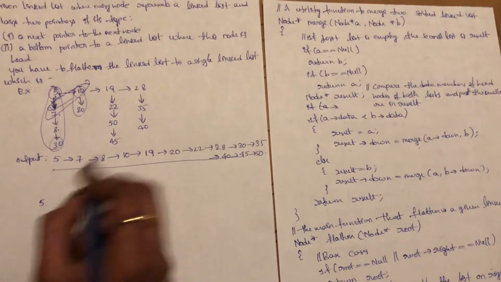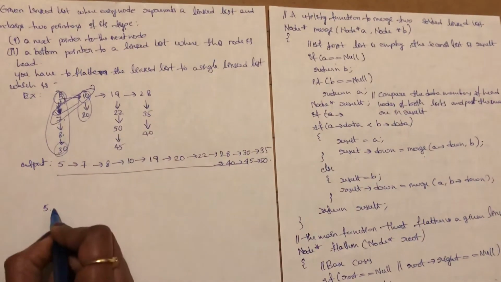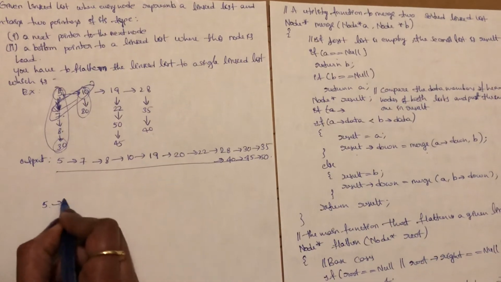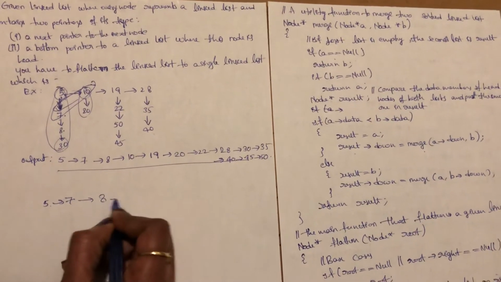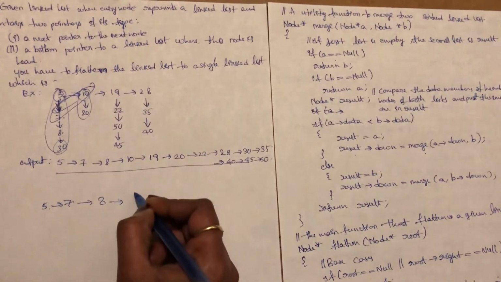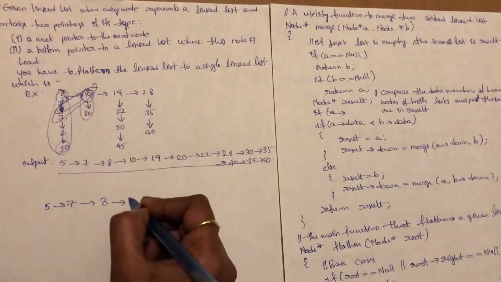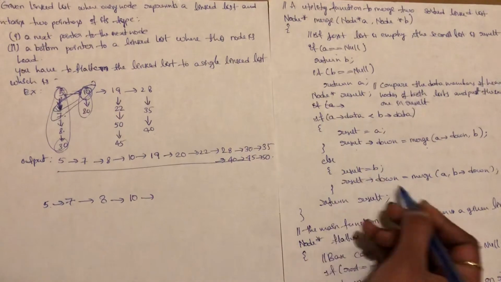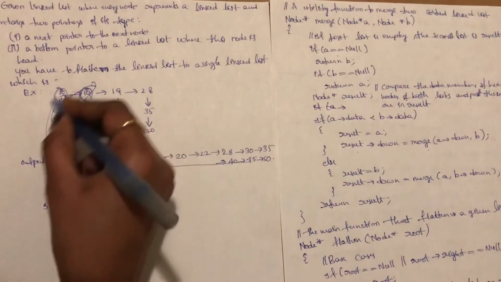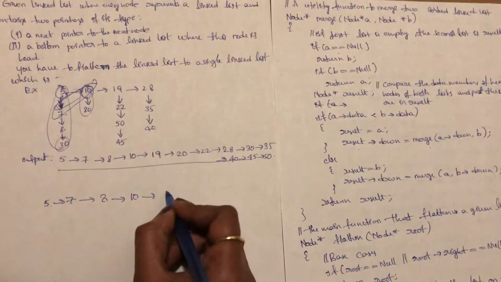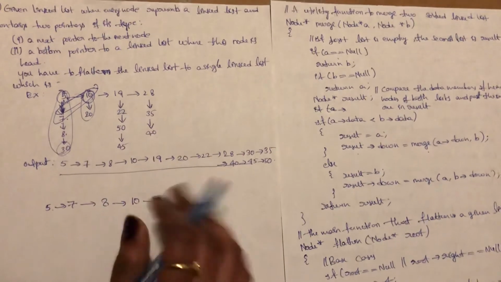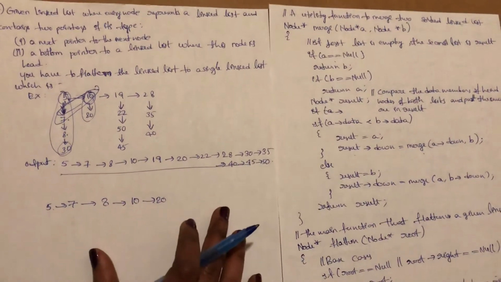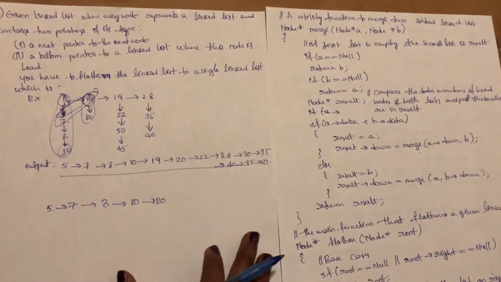Then it will compare with 7, then with 8, so 7, 8, and then it will compare with 10, so it will print the B value this time, 10, and result down, and it will call this recursively and compare 20. Like this it is going to use this function to flatten this.